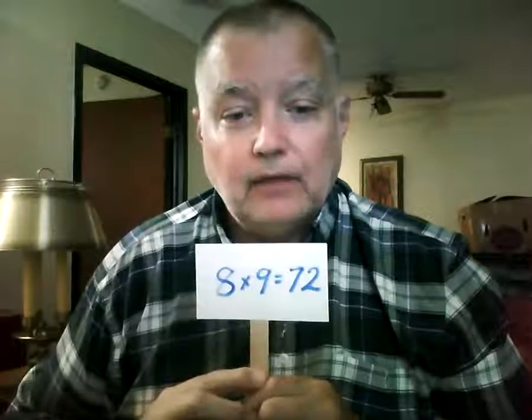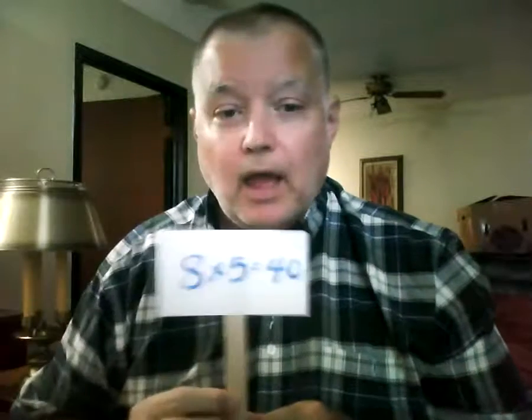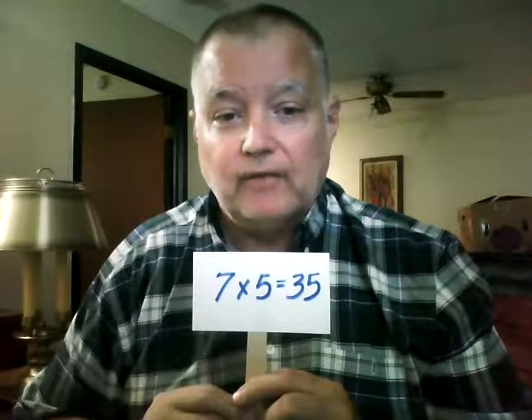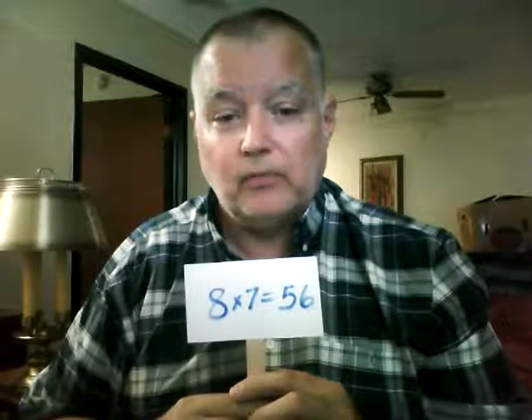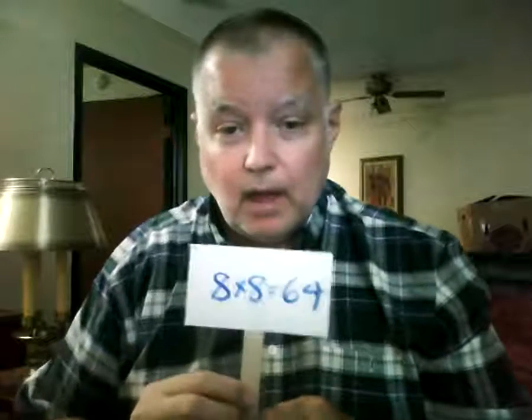Now we can get started, Trump supporters. 8 times 9 is 72. 8 times 5 is 40. 7 times 5 is 35. 8 times 7 is 56. 8 times 8 is 64. 8 times 9 is 72, or actually 9 times 8 is 72, either way you go about it.